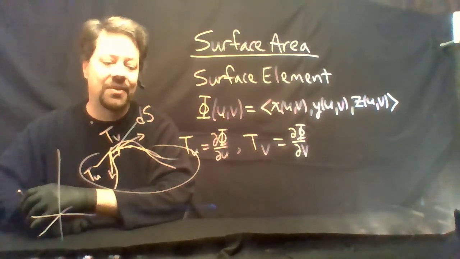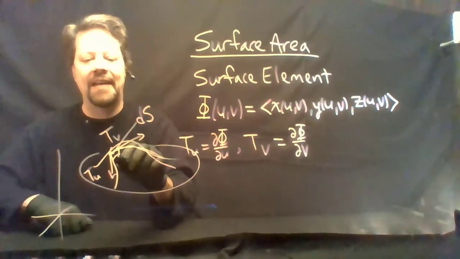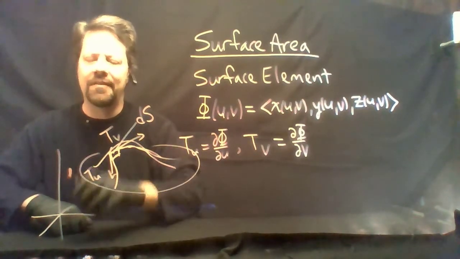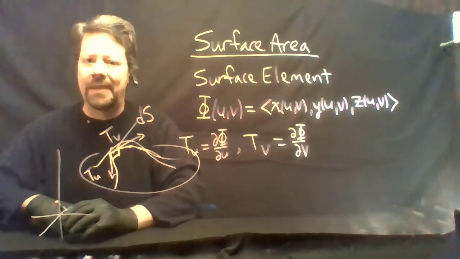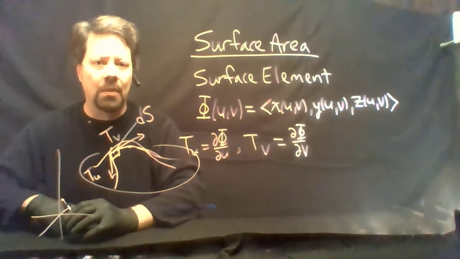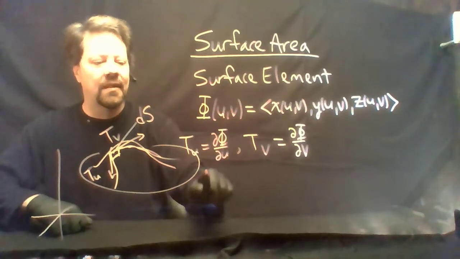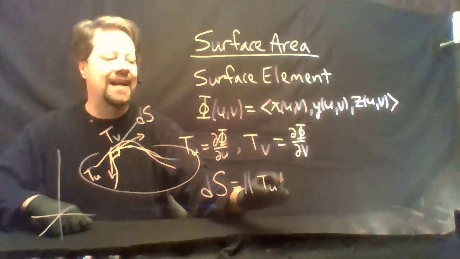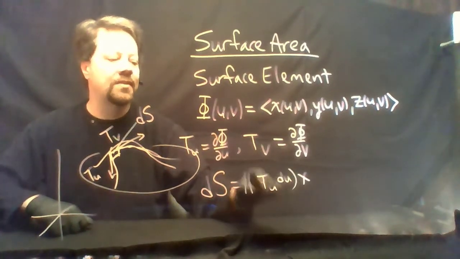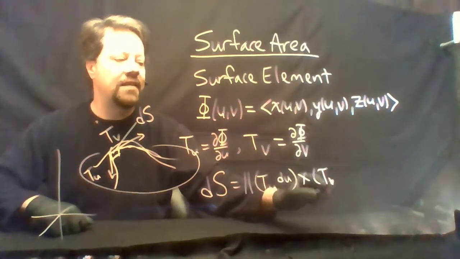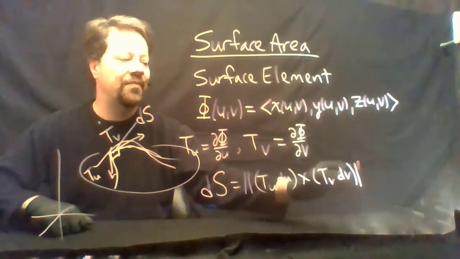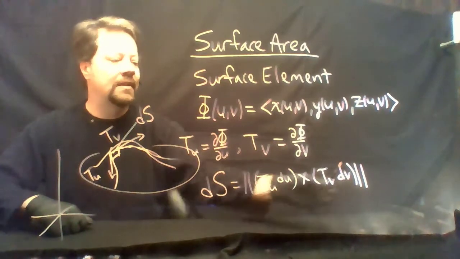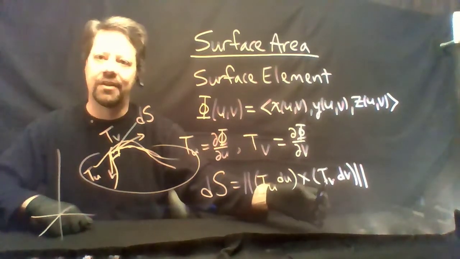Once we have these two tangent vectors, we'll find the area of a little surface patch by doing the following. You'll recall that the area of a parallelogram spanned by two vectors is the norm of their cross product. Our element of surface area will be the norm of t_u du cross t_v dv. We'll perturb an infinitesimal amount in the direction of t_u and an infinitesimal amount in the direction of t_v.